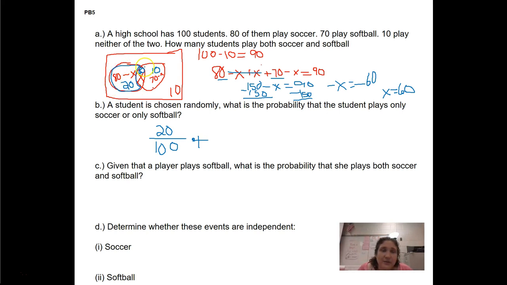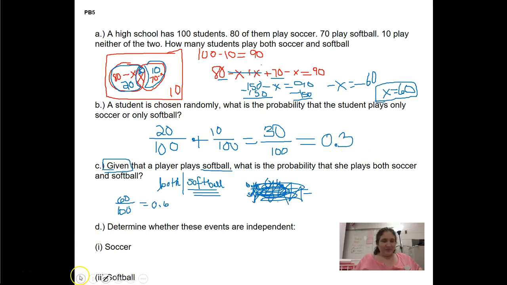All we're doing is adding, so 20 plus 10 over 100, which gives us 30 over 100. Please don't put 30 over 200. Remember, we don't add the denominators. Denominators stay the same. So 0.3.